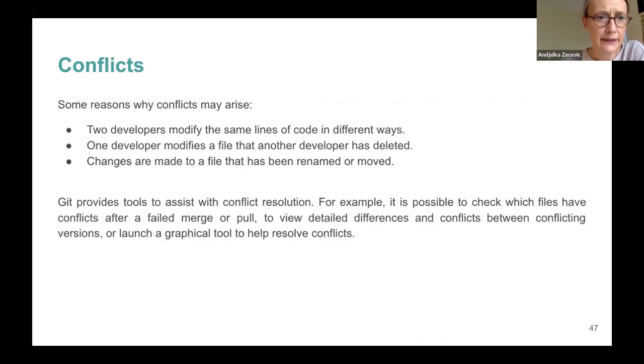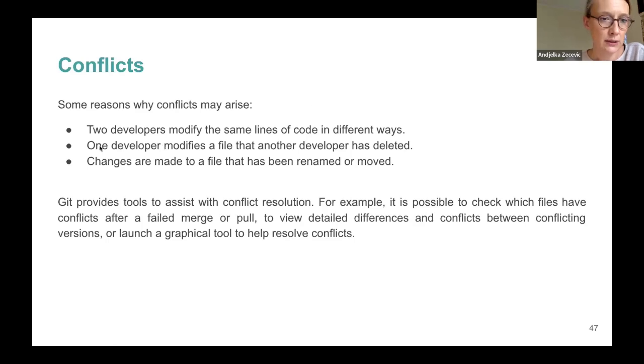And here are some reasons why conflicts may arise. For example, if 2 developers modify the same lines of code in different ways, and now we are supposed to merge the 2 files, and we simply don't know which line is the correct one, or maybe it is better to say which line is the preferable one.